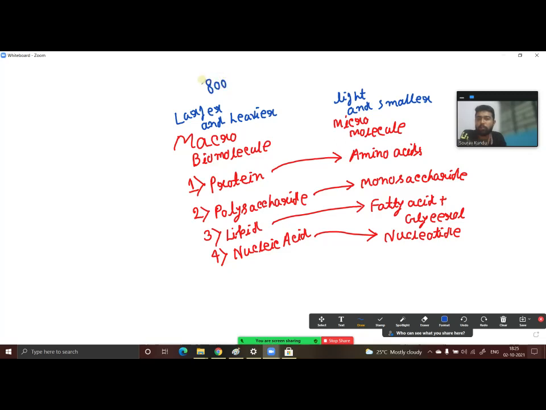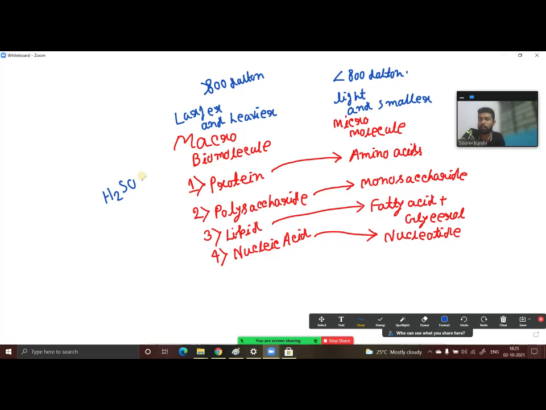Now the molecular weight of macromolecules is almost more than 800 Dalton, and here it is less than 800 Dalton. We know how to calculate the molecular weight.